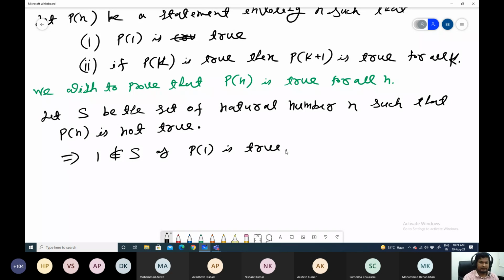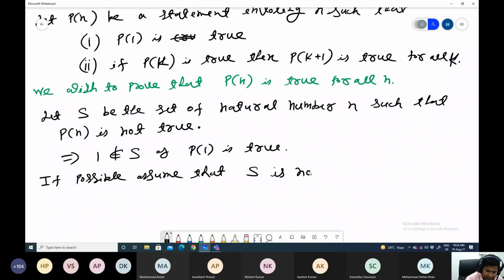Fine. Now, if possible, assume that S is non-empty. Okay.